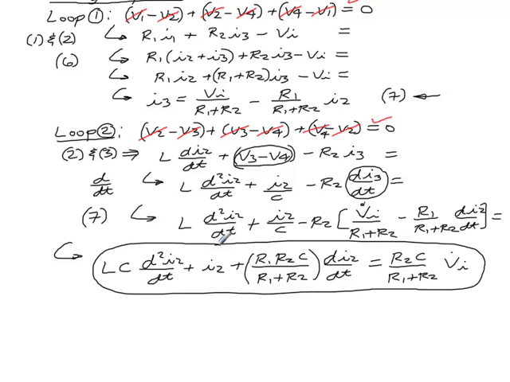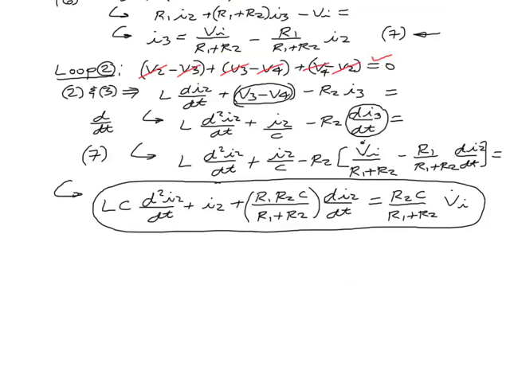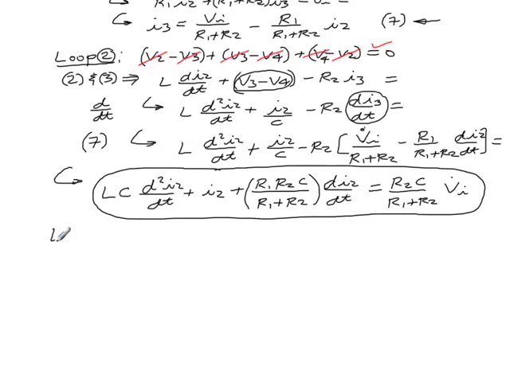So in terms of our transfer function, since we're looking for forced response, we take Laplace transform with 0 initial conditions, and we get LC times S squared, all times the Laplace transform of I2. I have an R1 R2 times C divided by R1 plus R2.